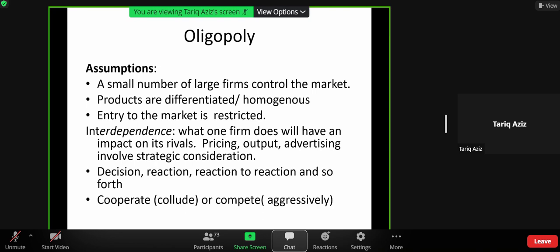They are homogeneous. They are like a commodity. They cannot be differentiated from the product of another competitor. But there are examples of oligopoly markets where the products are differentiated also. So through some labeling, through some packaging, through some marketing and branding, sometimes an oligopolist tries to differentiate its product from the rest of the market.